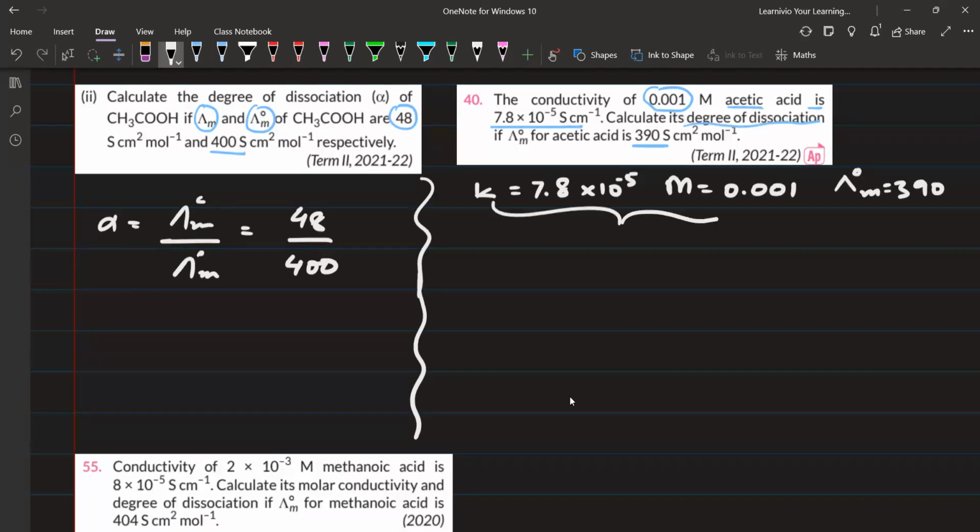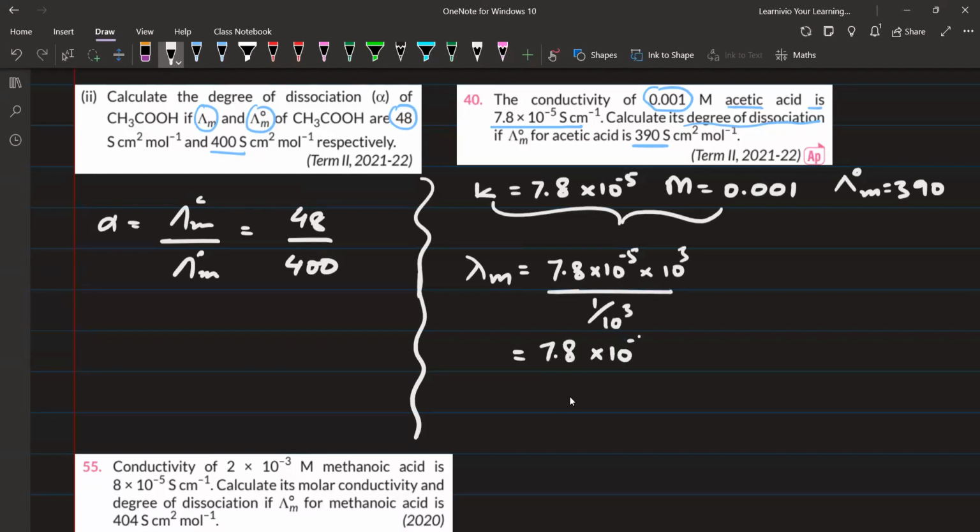So from these two values, we can calculate the lambda m at this concentration, that will be equal to kappa, that is 7.8 into 10 to the power -5 multiplied by 1000, that is 10 to the power 3, divided by 0.001, which is 1 upon 10 to the power 3. So 10 to the power 3 will go above, it will become 7.8 into 10 to the power -5 into 10 to the power 6, which will be equal to 78.